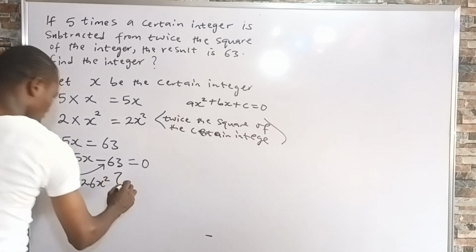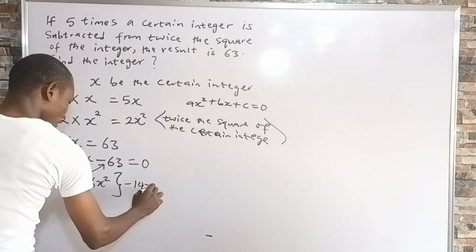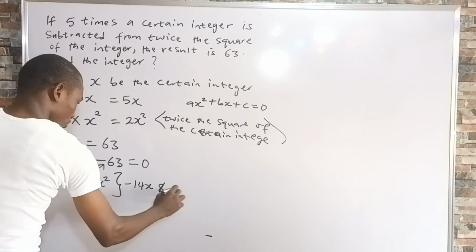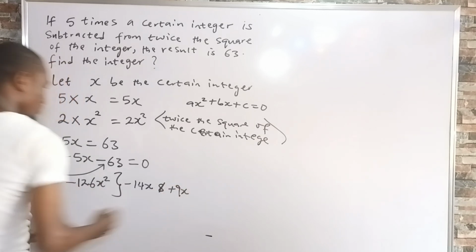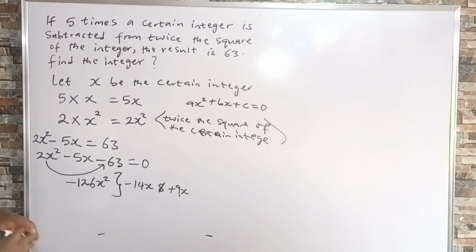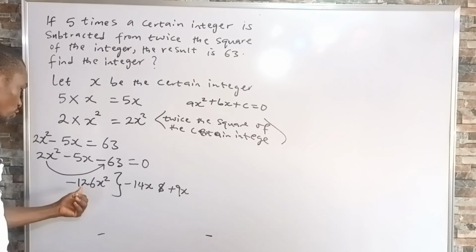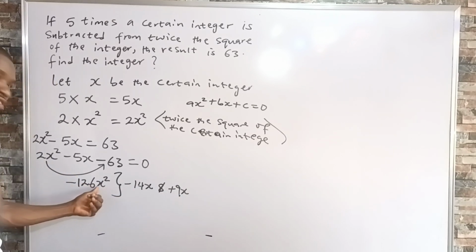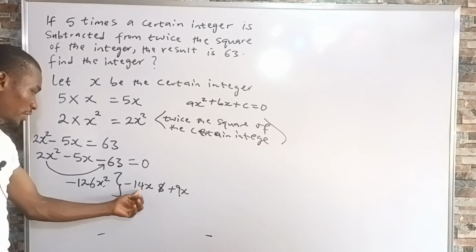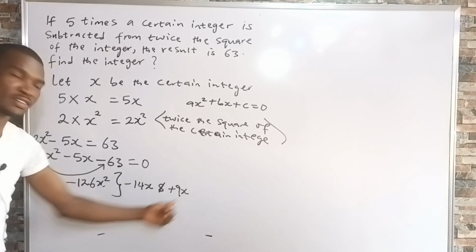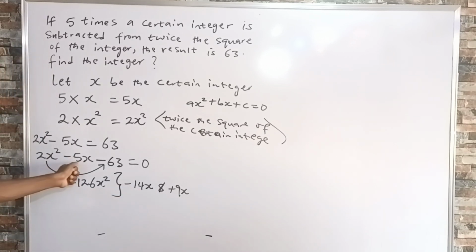Those two factors are minus 14x and plus 9x, because if I multiply minus 14x by 9x, it produces minus 126x squared, and if I add minus 14x to plus 9x, it produces minus 5x.